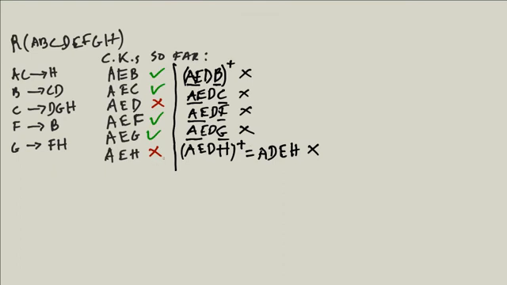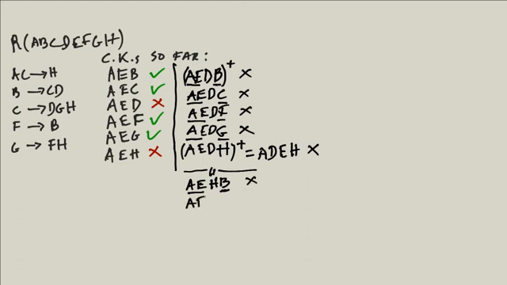Now, let's do the same for AEH. So combine it with B, and as we can see, this is a candidate key, the underlined. It's already here. So this one is a superset of this candidate key. I can't choose this as a candidate key.